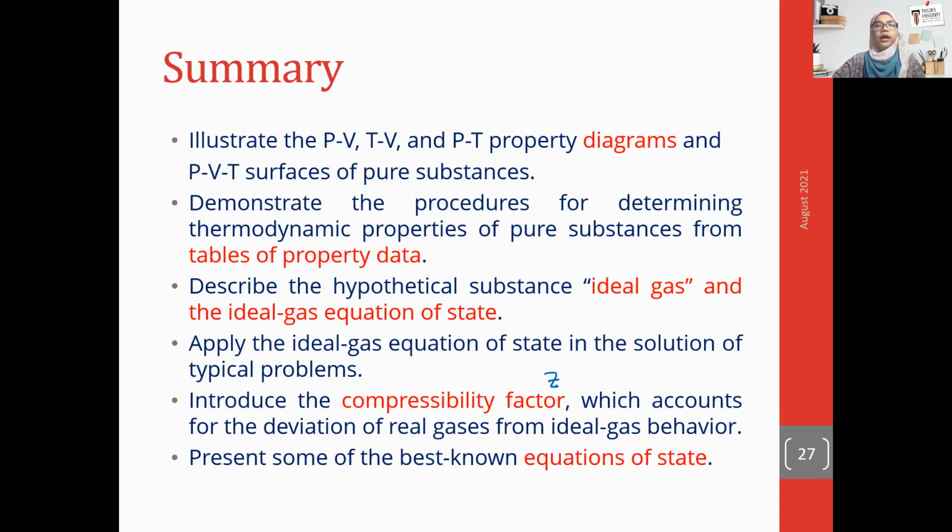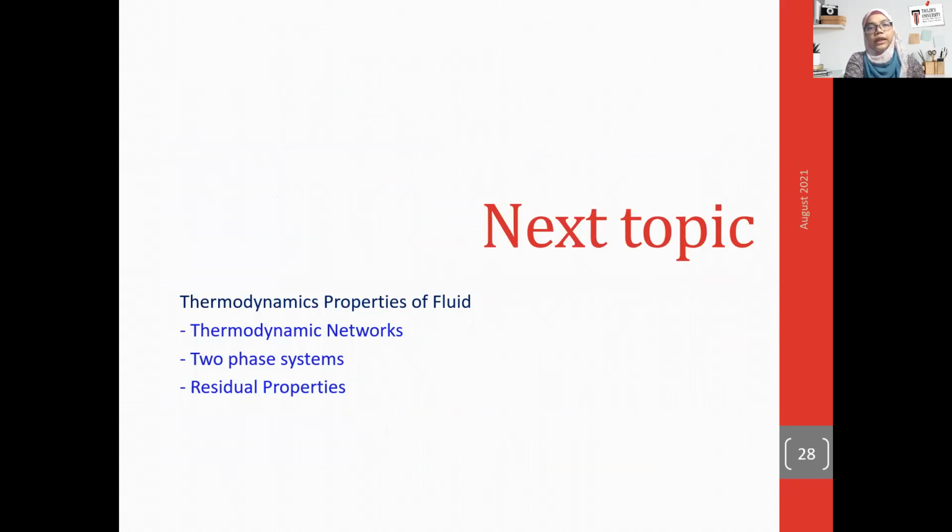Maybe you can try by your own all the examples given to you to ensure that you understand more about that. Okay, for the next topic, we will move to the next chapter, thermodynamic properties of fluids, where we will learn about thermodynamic work through Maxwell equations. And we're going to learn in detail about two-phase systems, vapor-liquid, and also the residual properties. What is defined by the residual property?